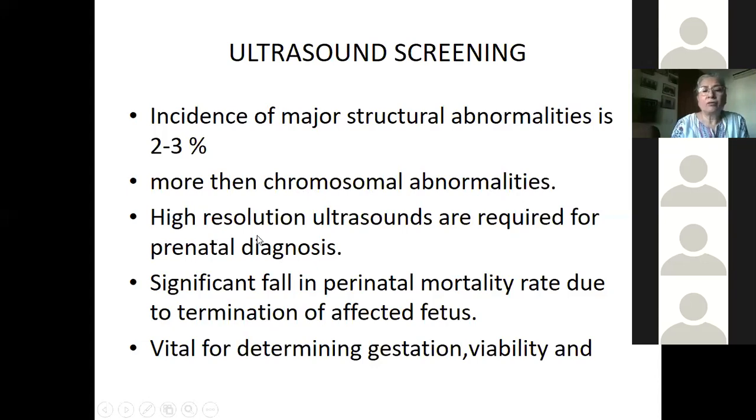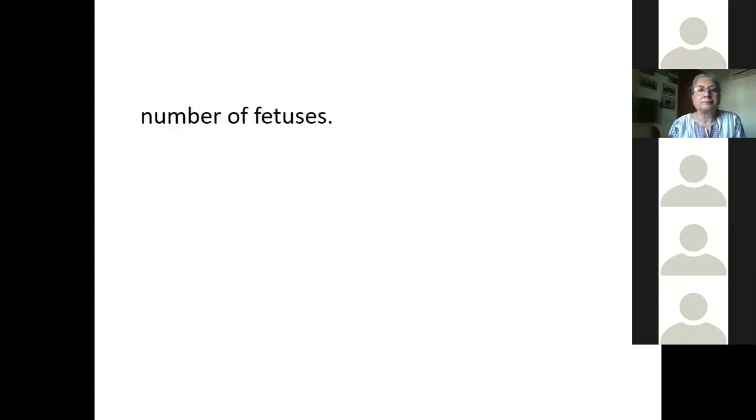But for that, obviously, we need a good ultrasound and a good sonologist who can pick up these abnormalities. And if the fetus has multiple anomalies not compatible with life, accordingly the patient is counseled.